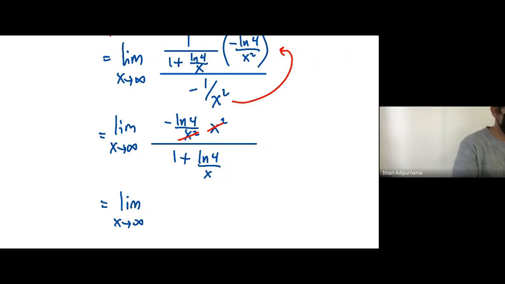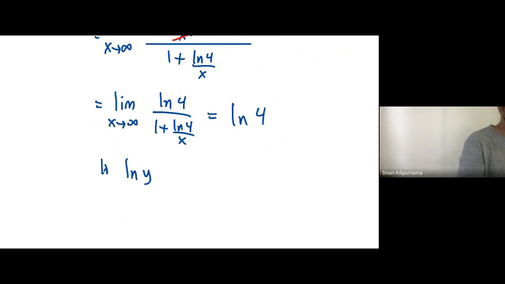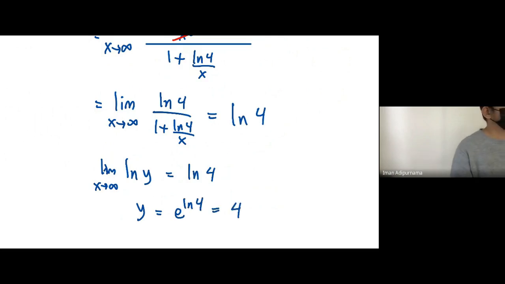Oh, sorry, this is negative, so the negatives also cancel. So ln 4 divided by 1 plus ln 4 over x. And we can check that ln 4 over x is 0 because of infinity here. So the limit is ln 4. But remember, this is ln y. So ln y equals ln 4, so y is e to the power of ln 4, or this is 4.